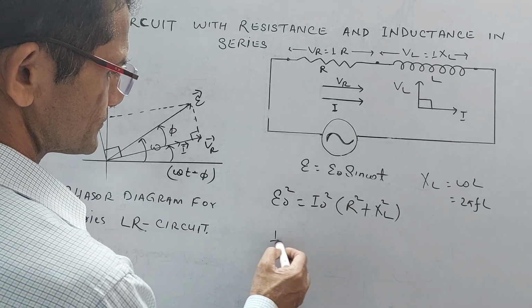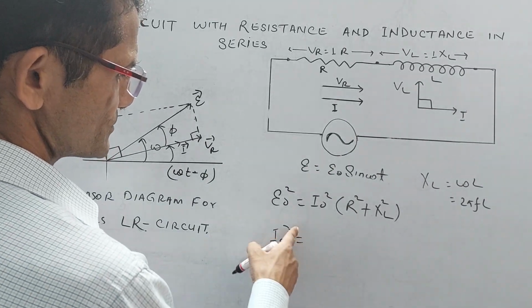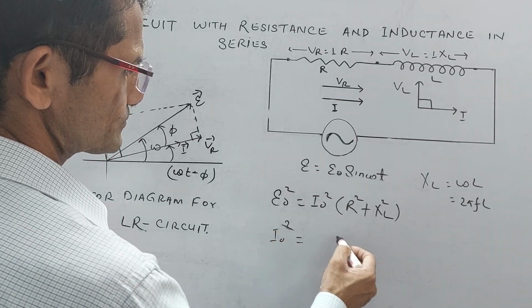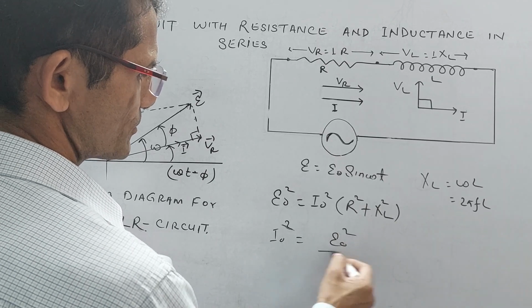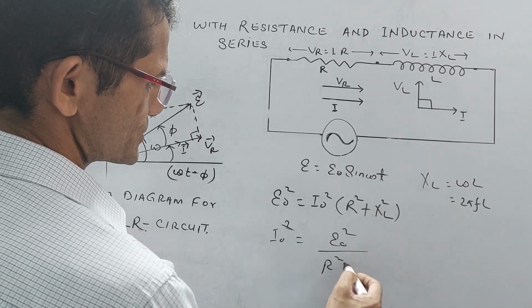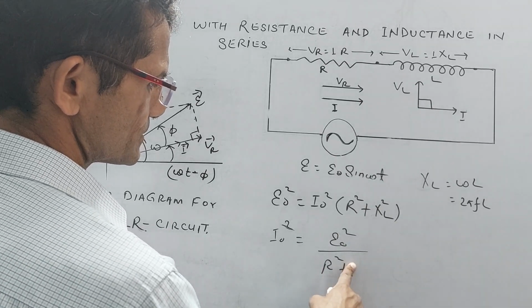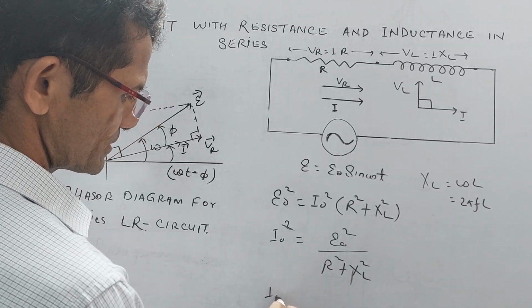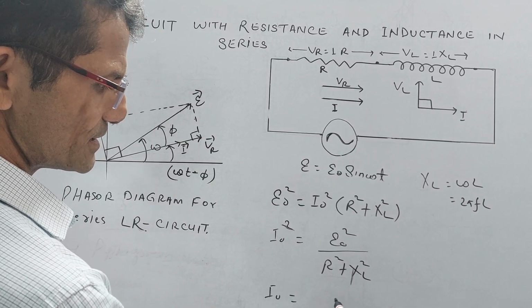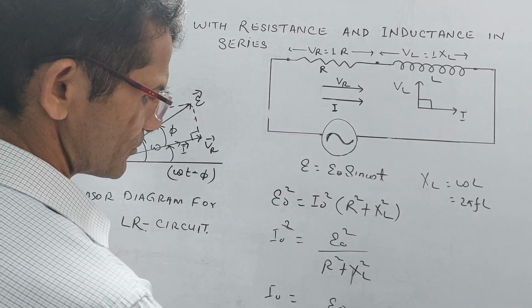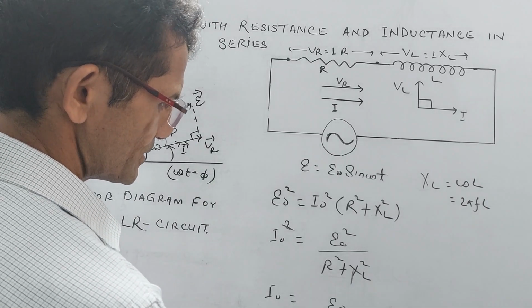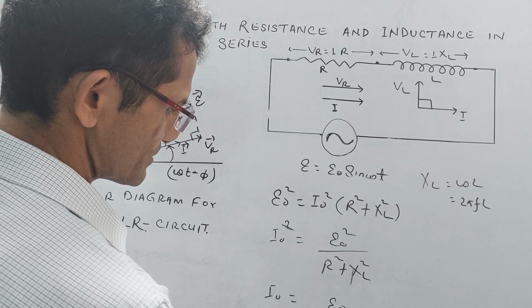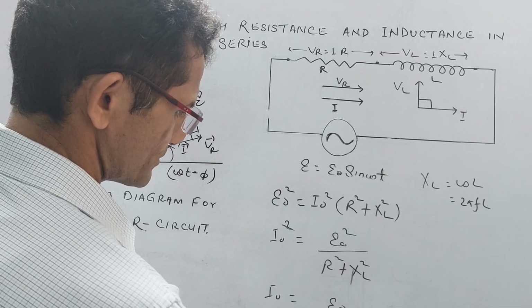Now I naught whole square comes out as E naught whole square divided by R square plus square of XL. From here the current amplitude becomes the voltage amplitude divided by the square root of R square plus square of XL.